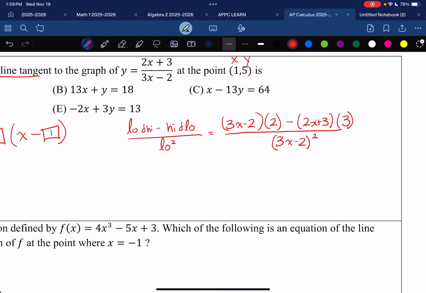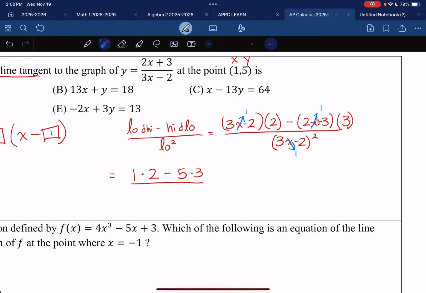All right, immediately I'm going to plug in x is equal to 1. Let me just plug in a 1: that's a 1, that's a 1, and that is a 1. Simplifying this, I can say that 3 times 1 is 3, and 3 minus 2 is 1, times 2, minus, and then 2 times 1 is 2, 2 plus 3 is 5, so that's all 5, and then times 3.